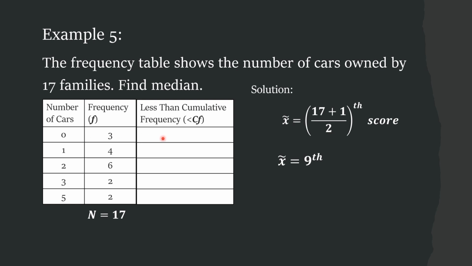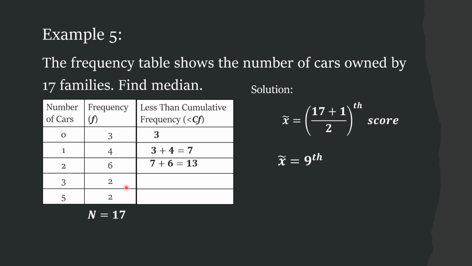So starting here, there are 3 families with no cars, then adding the next frequency, 3 plus 4 is 7, 7 plus 6 is 13. 13 means there are 13 families that have 2 cars, 1 car, or no car at all.